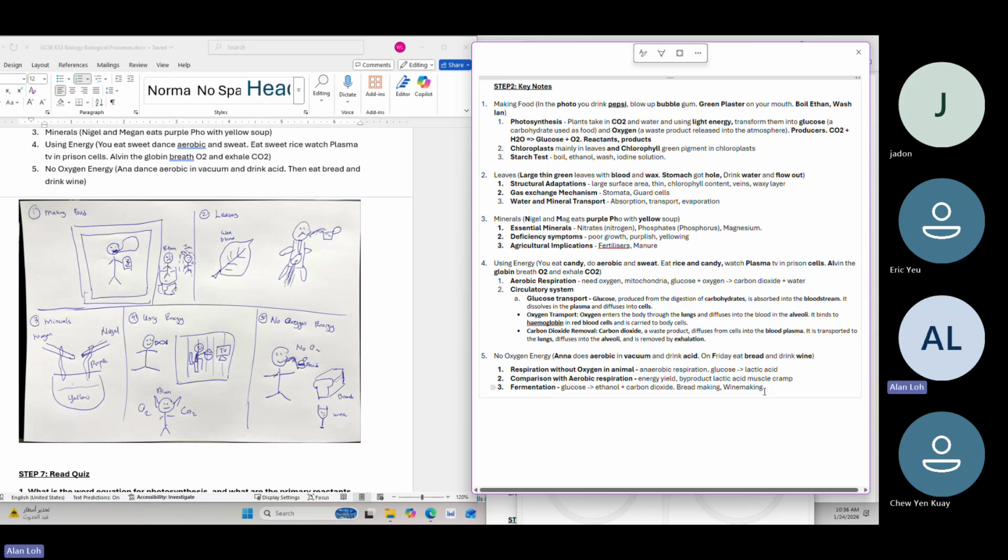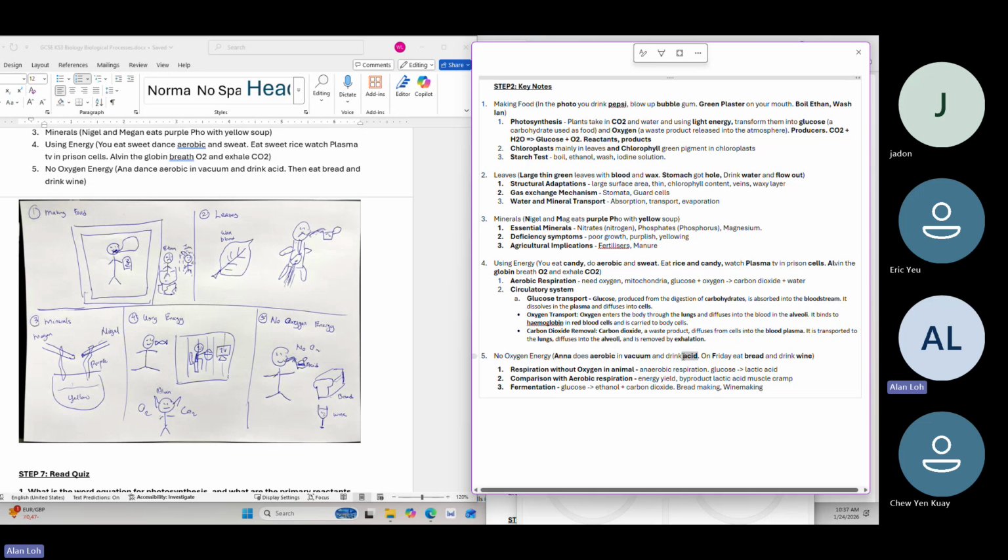So how do you link it with the content inside drawer number 5? Anna does aerobic. This clearly is representing anaerobic respiration. In a vacuum is to tell you that there is no oxygen, because anaerobic respiration doesn't need oxygen. And then drink acid.